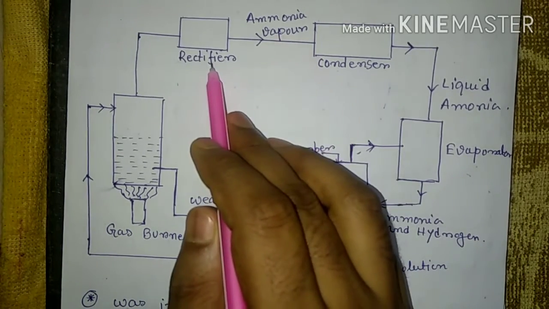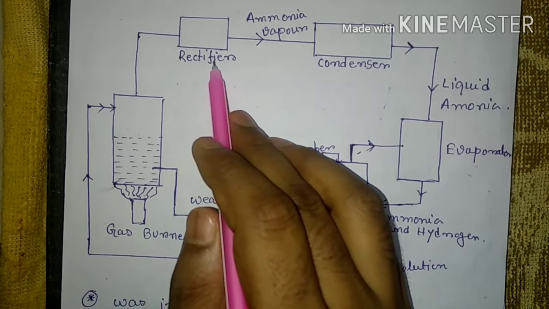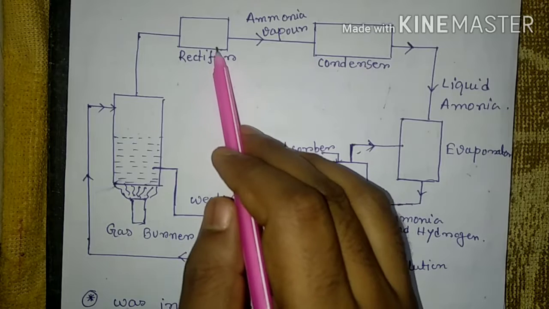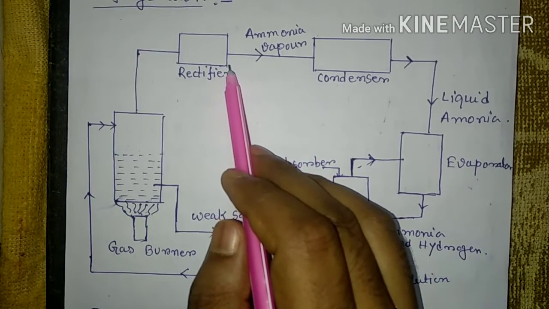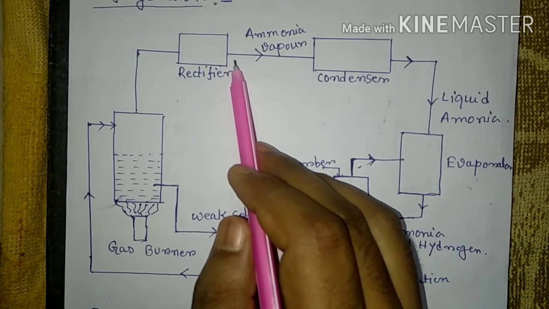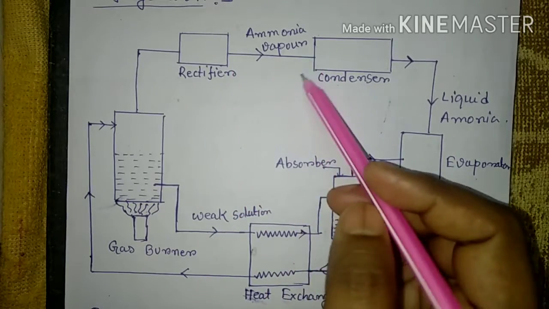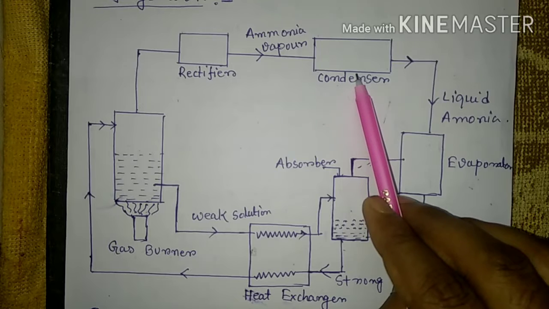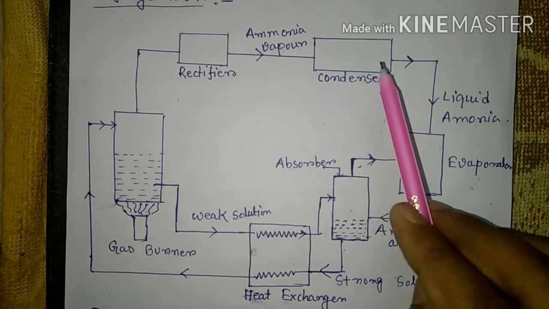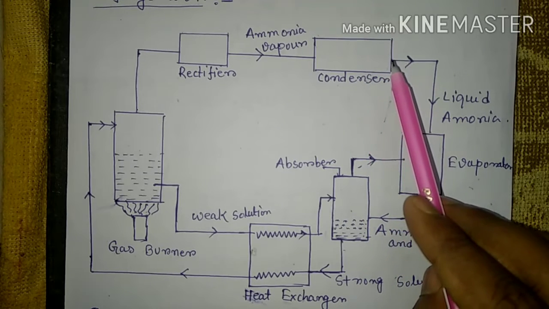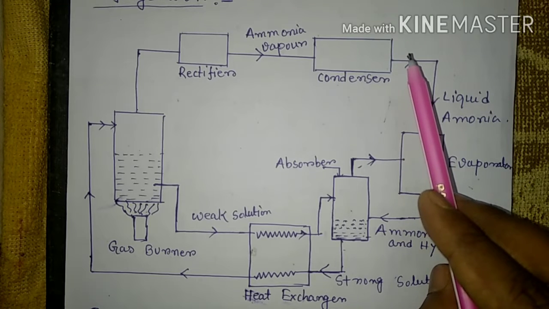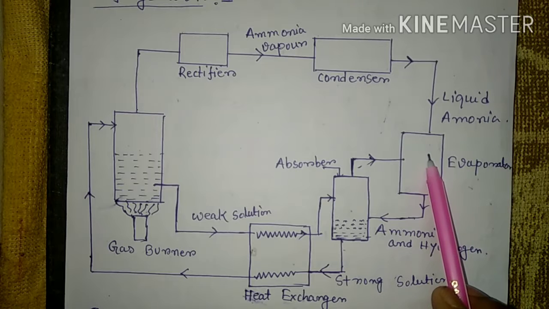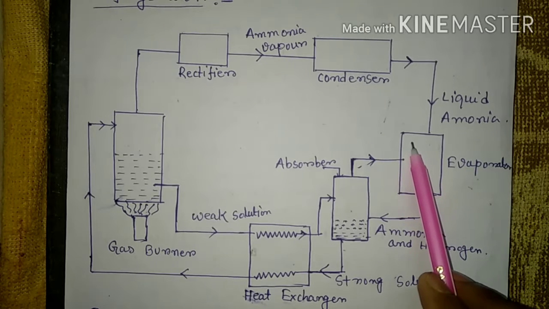The rectifier is fitted here because it removes the water vapor carried with the ammonia vapors, so that dry ammonia vapor enters the condenser. This water vapor, if not removed, will enter the evaporator, and this will cause freezing and choking of the machine.